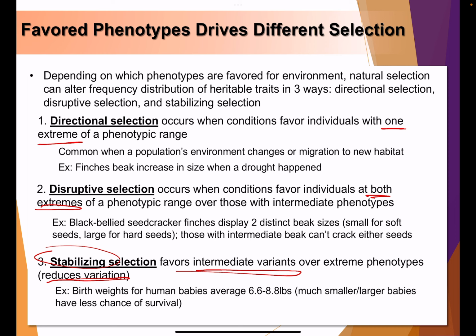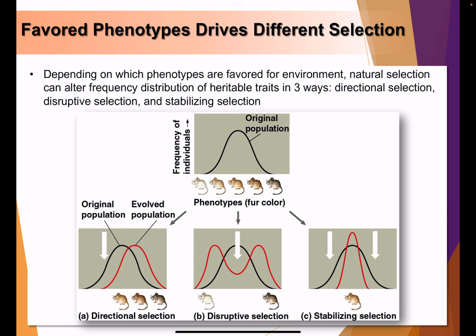Much smaller babies or much larger babies have less chance of survival. So it actually favors those in this average range, which is the intermediate variants. So again, remember, stabilizing selection is the opposite of disruptive selection. It only favors survival of the intermediates.